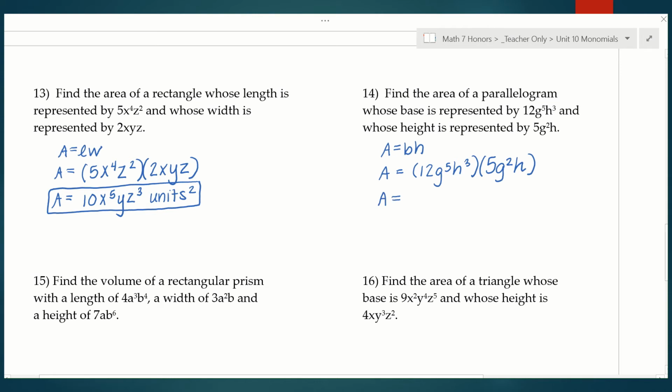Okay, so 12 times 5 is 60. G to the fifth times g to the second is g to the seventh. And h to the third times h to the first is h to the fourth. And again, we're just going to say units squared.